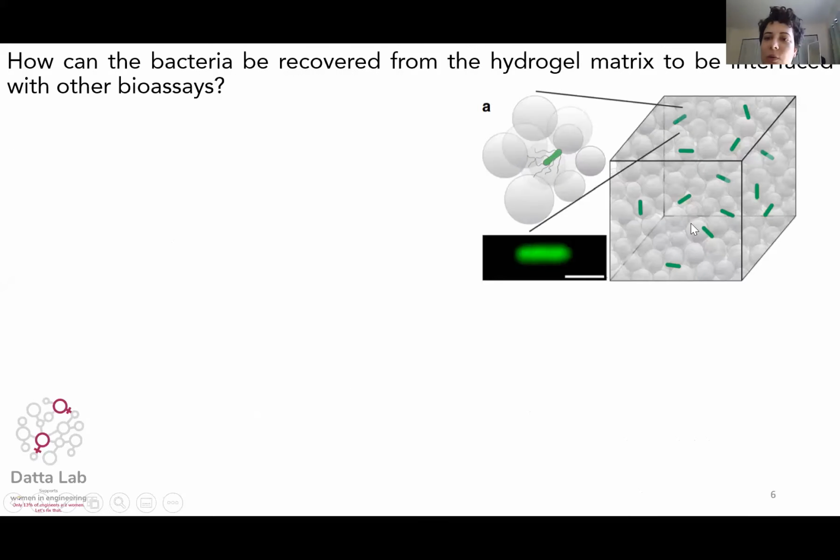And so the next question, moving away from Howard Berg's paper, is how can the bacteria be recovered from the hydrogel matrix to be interfaced with other bioassays? This is a super great question, and this is actually one of the best properties of our experimental system. If you remember from our soft matter paper, you can see the system here.